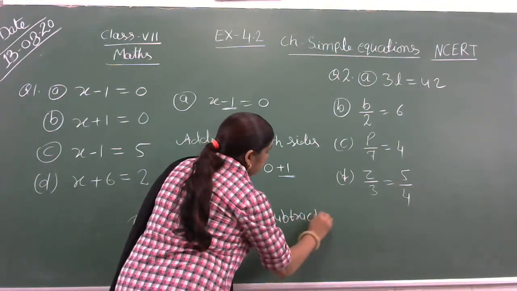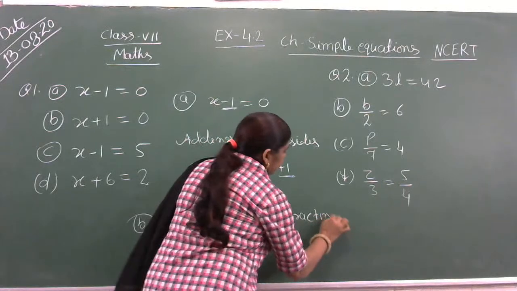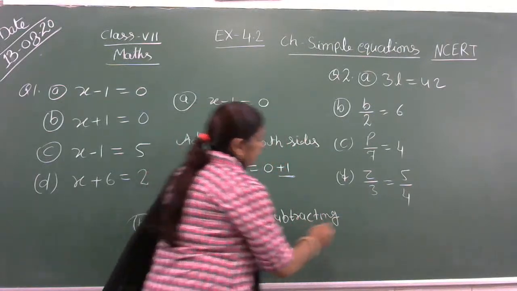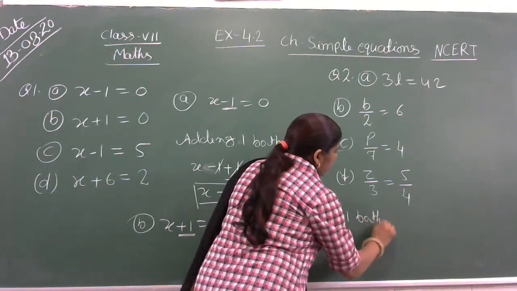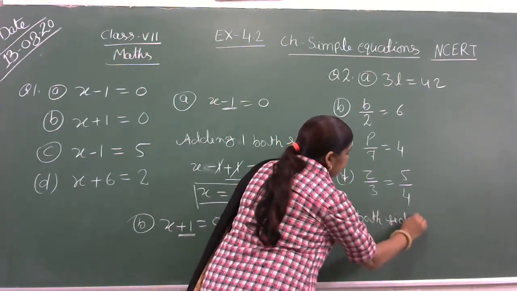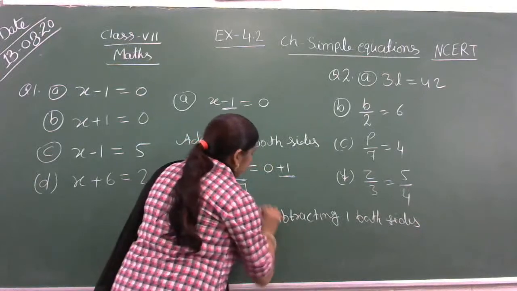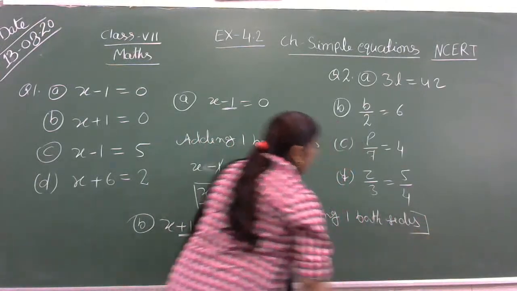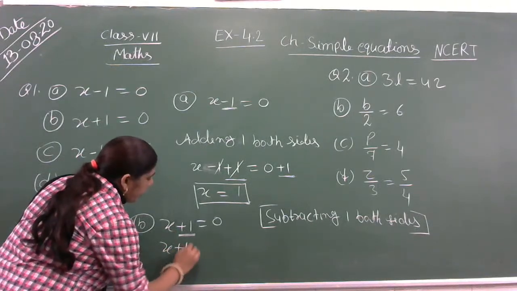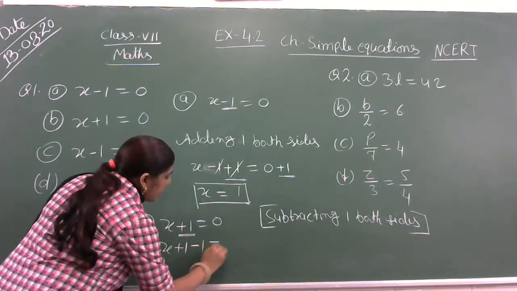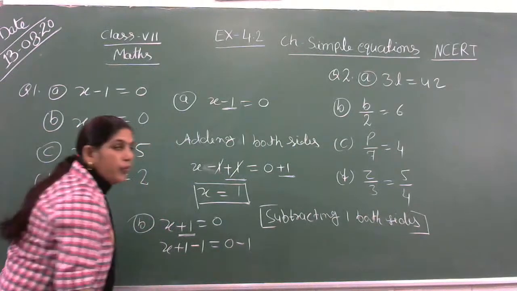Subtracting 1 from both sides. So x plus 1 minus 1 equals 0 minus 1.